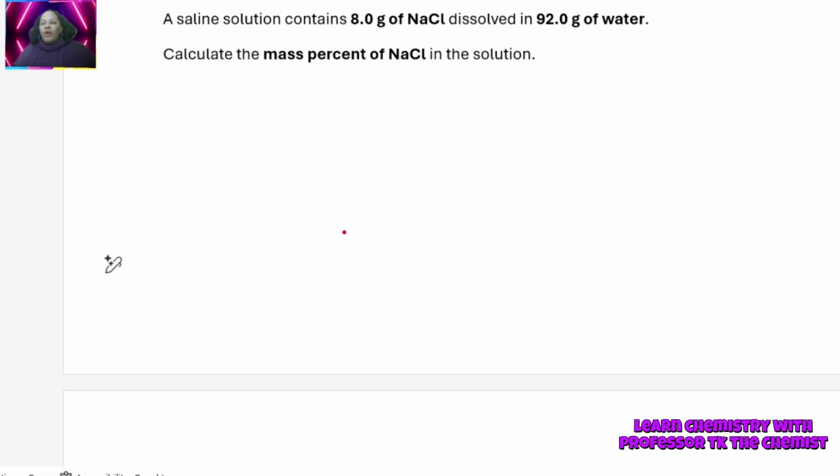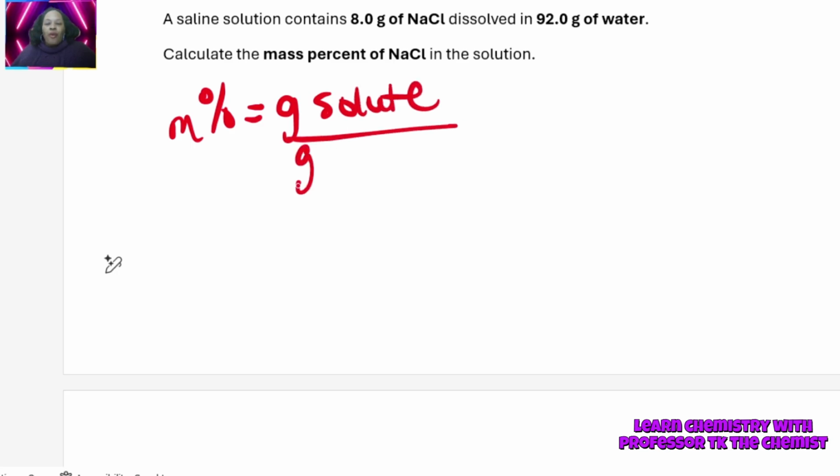All right. So for this example right here, the mass percent is equal to the grams of your solute divided by the grams of your solution times 100%. This particular example, guys, is straightforward, okay?